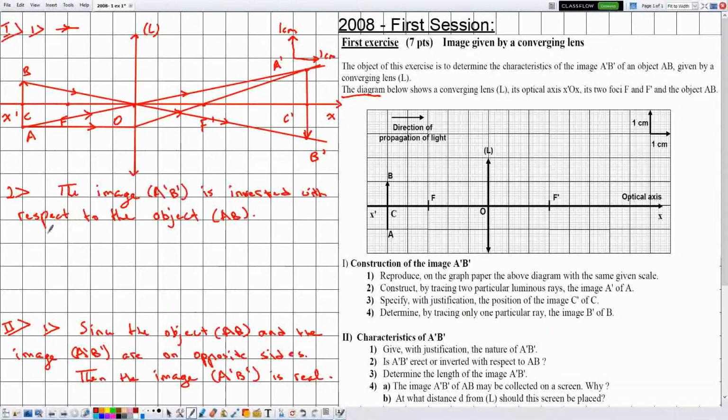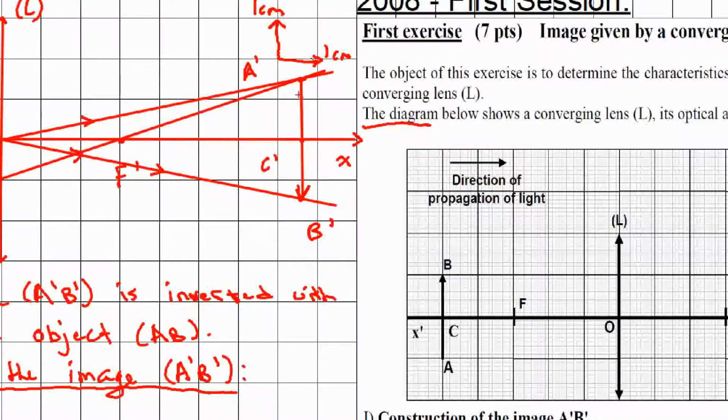Now in number 3 they are telling me determine the length of the image A prime B prime. So whenever they ask me about the length of the image or the height, in other words, this means the size. Now let's calculate the size of the image A prime B prime. A prime B prime consists of 0.5, 1, 1 and 0.5 divisions.